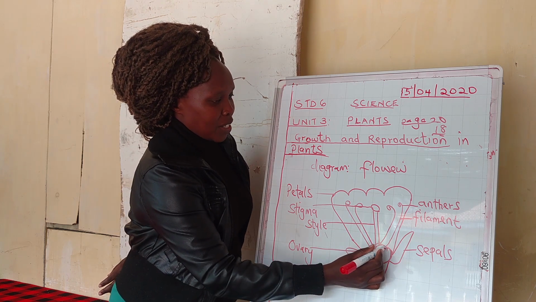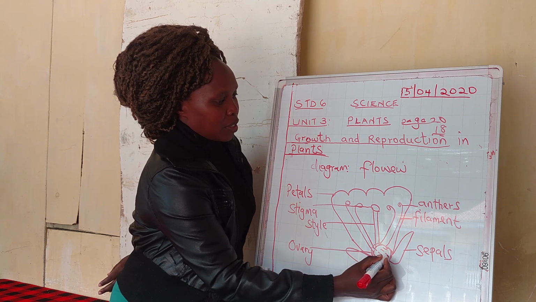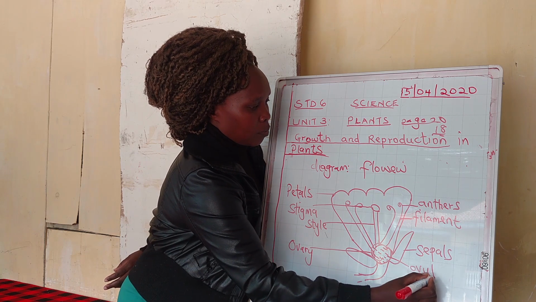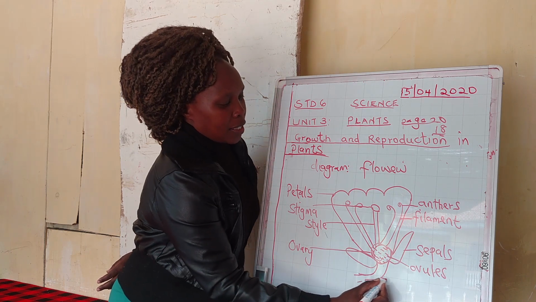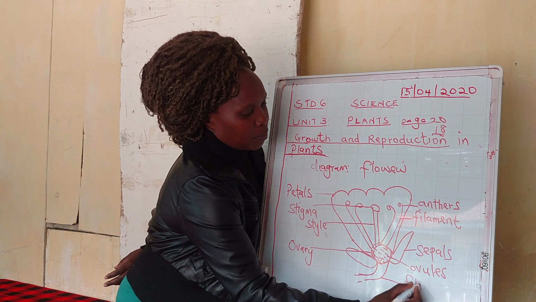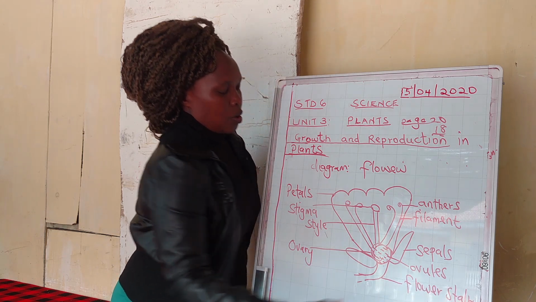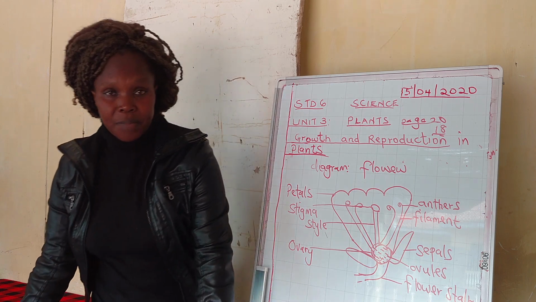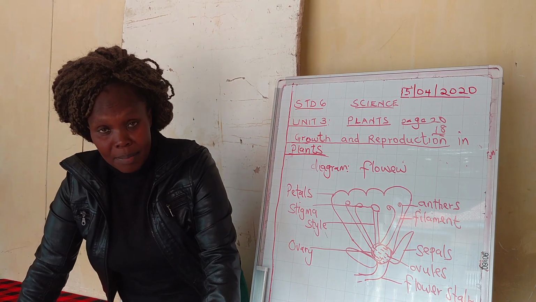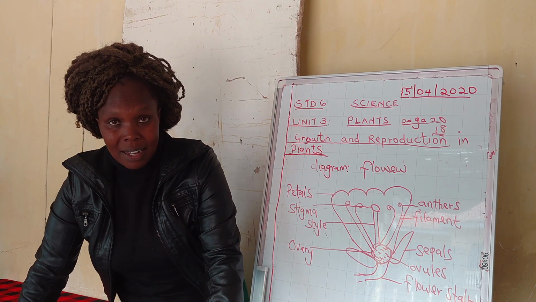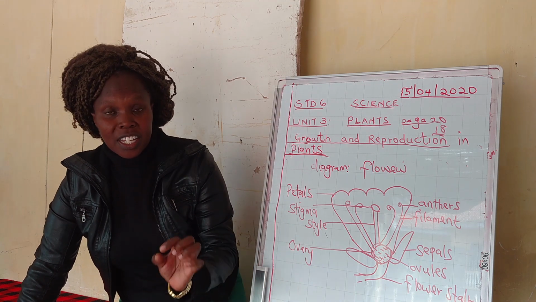And then there are some things which are found inside the ovary which are called the ovules. The ovules, and this is our flower stalk. We have said that in most plants the male and the female parts are found in the same flower.